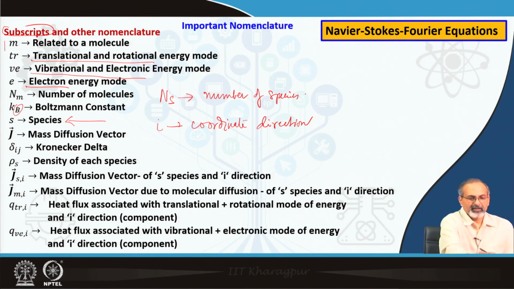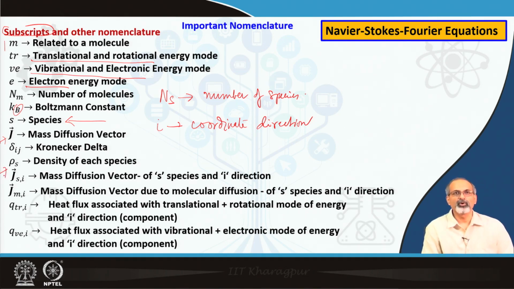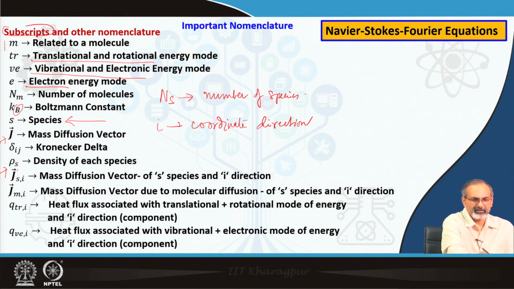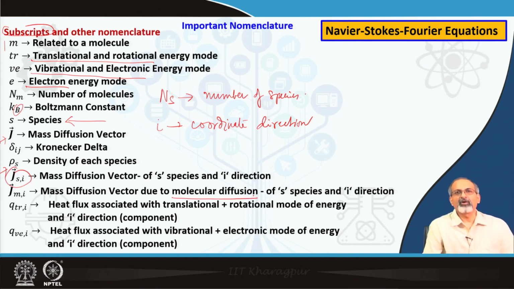Mass diffusion vector by the bold J, Kronecker delta, delta ij, density of the different species which form the mixture by rho s. The mass diffusion vector of s species and i direction would be given by a nomenclature like this, and mass diffusion vector due to molecular diffusion of s species and i direction would be given by this, where M stands for the molecular part.